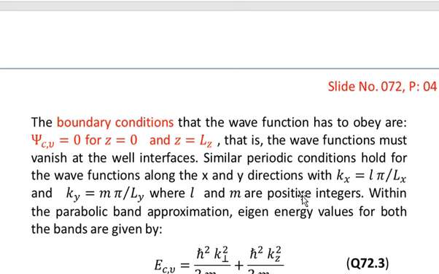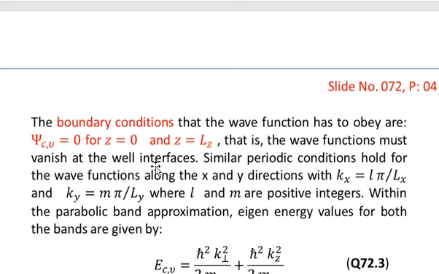So you see that if we consider the other dimensions, then the waves in the kx and ky directions should also obey the boundary conditions. That is, the wave function must vanish at the well interfaces, at the walls of the semiconductor materials.